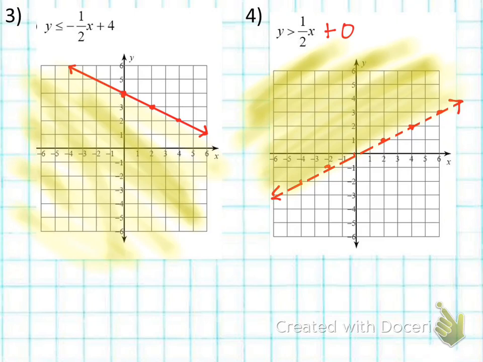A negative slope, if you're looking at it from left to right, like you read a book, will go down from left to right. A positive slope will go up from left to right. So that's something you should look at. These are details you need to start recognizing, because we're going to start drawing conic sections, circles, ellipses, and you have to be able to know what direction certain things go.